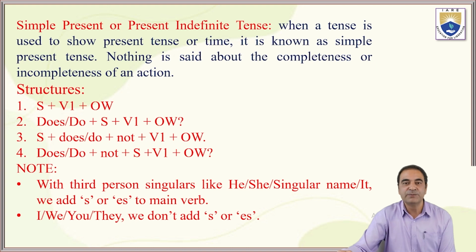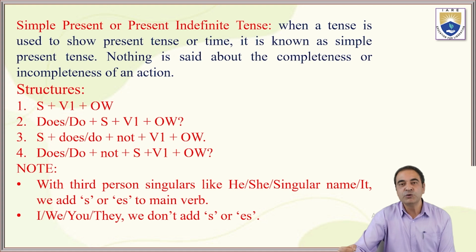It is subject plus helping verbs does or do plus not plus verb in first form plus other words. Then the fourth structure is about both negative and question. How we make both negative and question in simple present. It is like this: does or do plus not plus subject plus verb in first form plus other words.